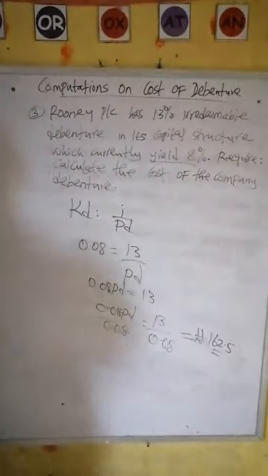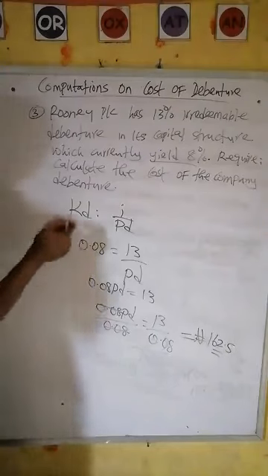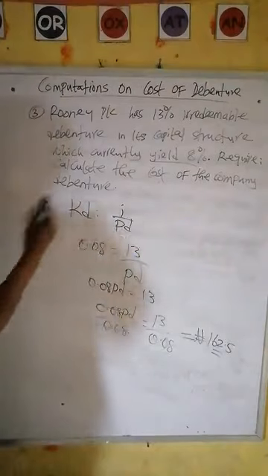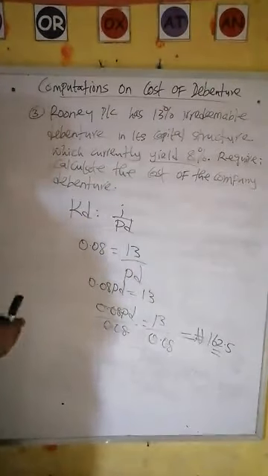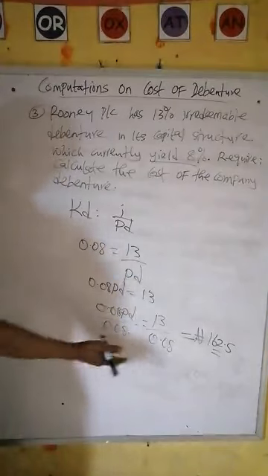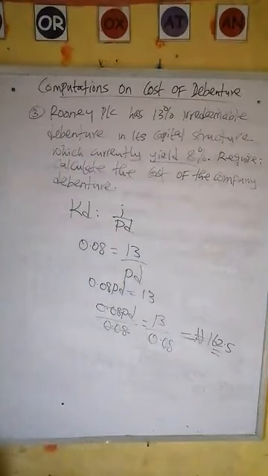You can also be required to calculate the cost of the debenture. So you can put it there. You can manipulate your formula, but it's straightforward. Not to stress yourself, just put it there and the answer will avail itself.